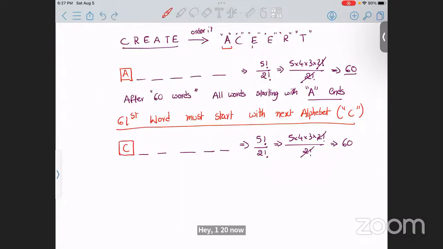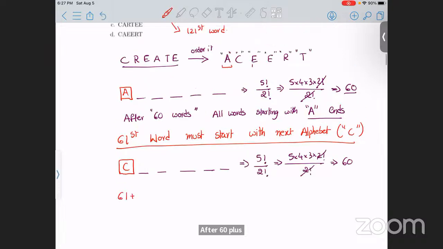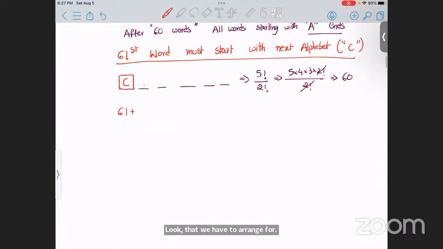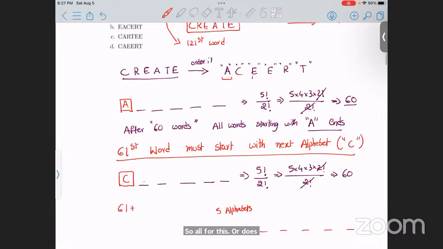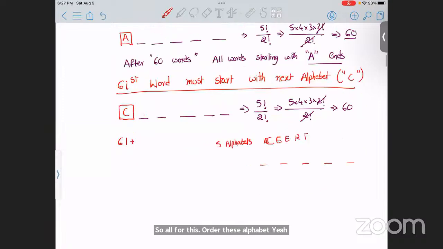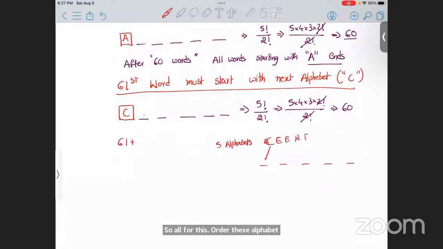Sir, how is it 5 factorial upon 2 factorial? Look, we have to arrange 5 letters. Just I will explain. We have to arrange 1, 2, 3, 4, 5. There are 5 alphabets: A, C, E, R, T. If you put one here, in the first position there are 5 possibilities.